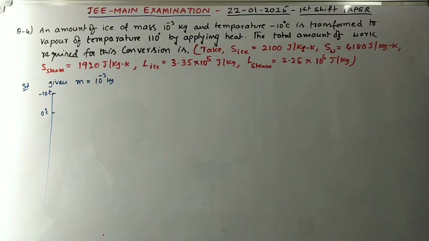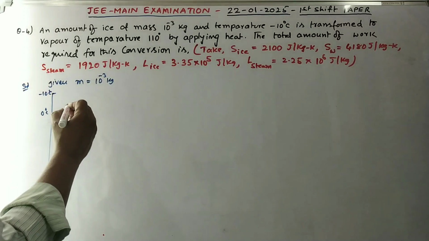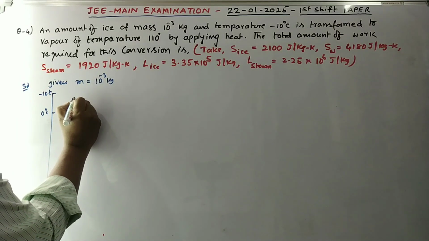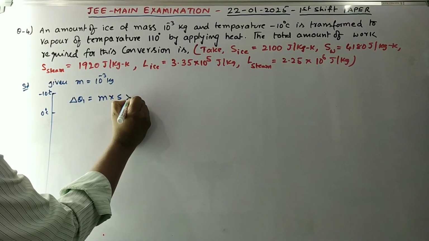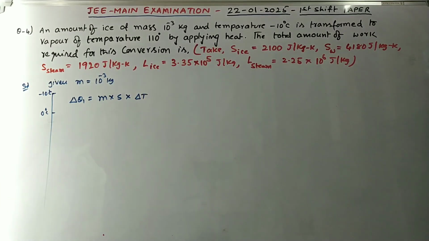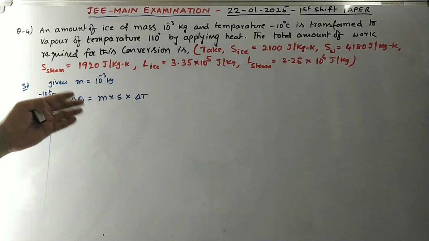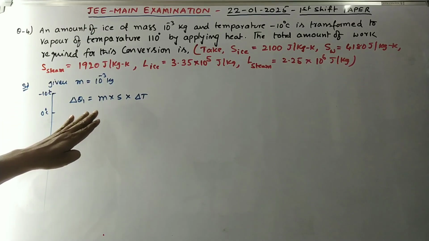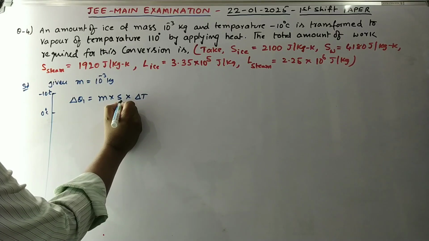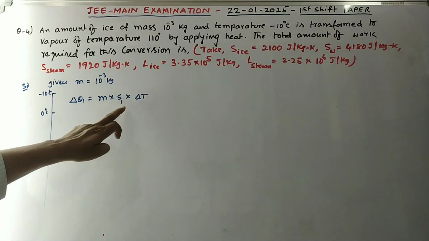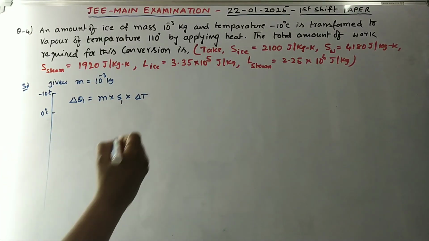That means the heat gained or lost by a body, which we call ΔQ1, is equal to m into s into ΔT. Heat gained by a body or heat lost by a body, Q is equal to mST. So here, which one gains heat? Ice.